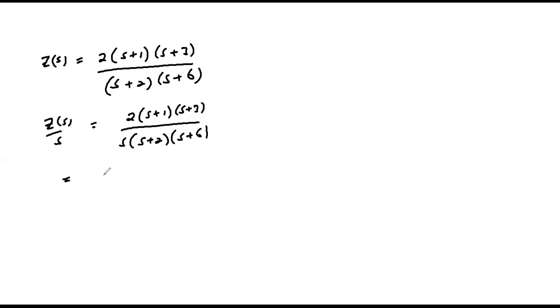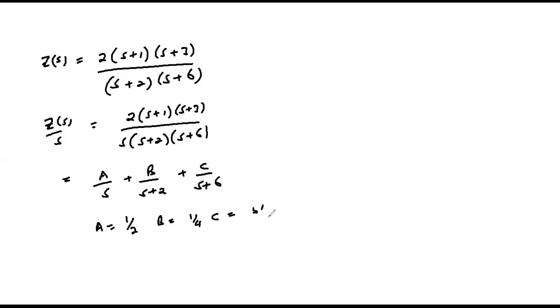This will give us three partial parts: A over s, plus B over s plus 2, plus C over s plus 6. We determine the values of A, B, and C, and you'll notice that A will be a half, B will be a quarter, and C will be 5 over 4.